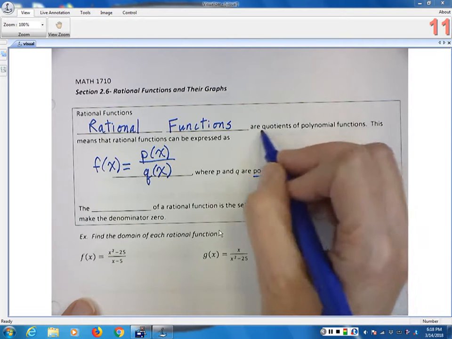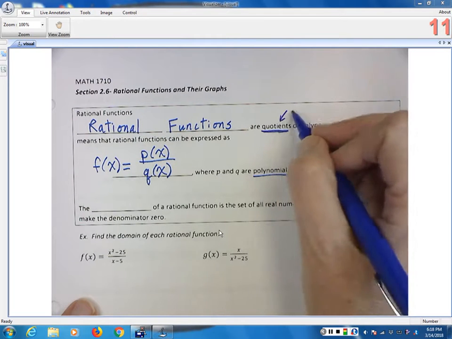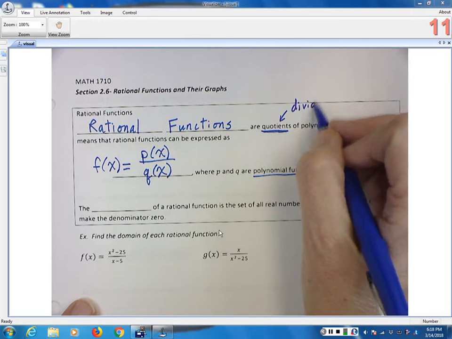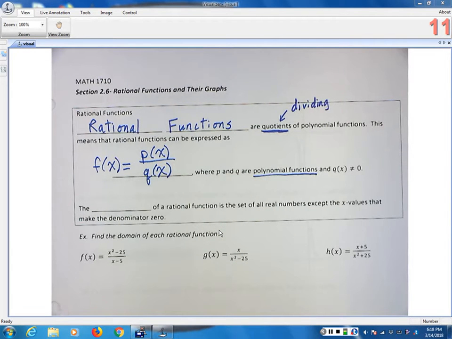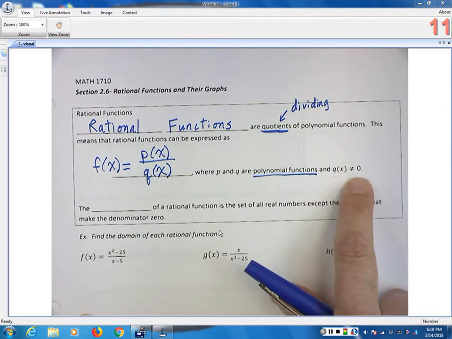The word quotient means we're dividing, we're making a fraction. So this is the definition of a rational function. And we need to make sure the denominator can't be 0.